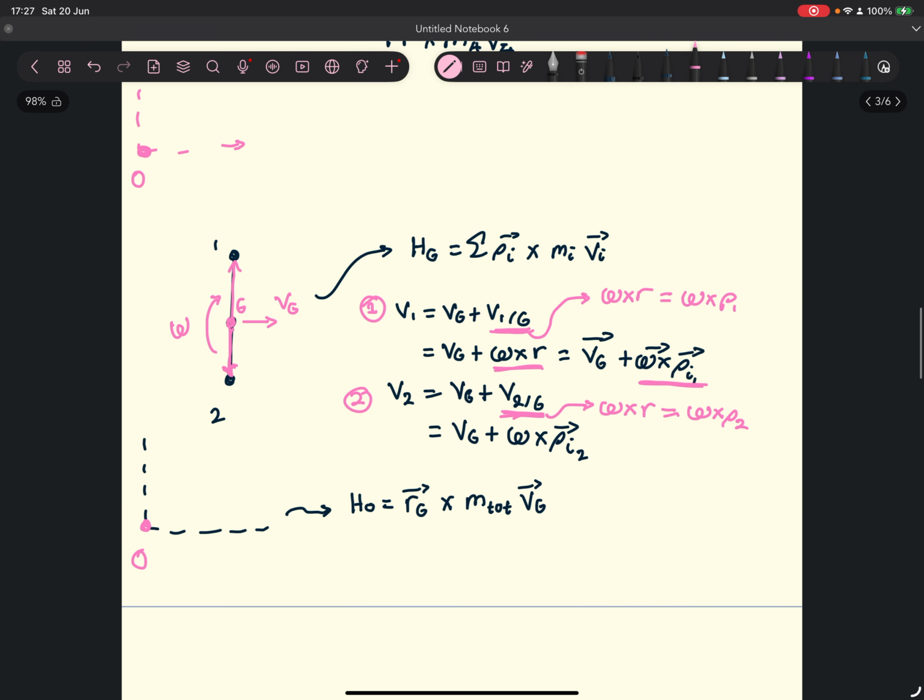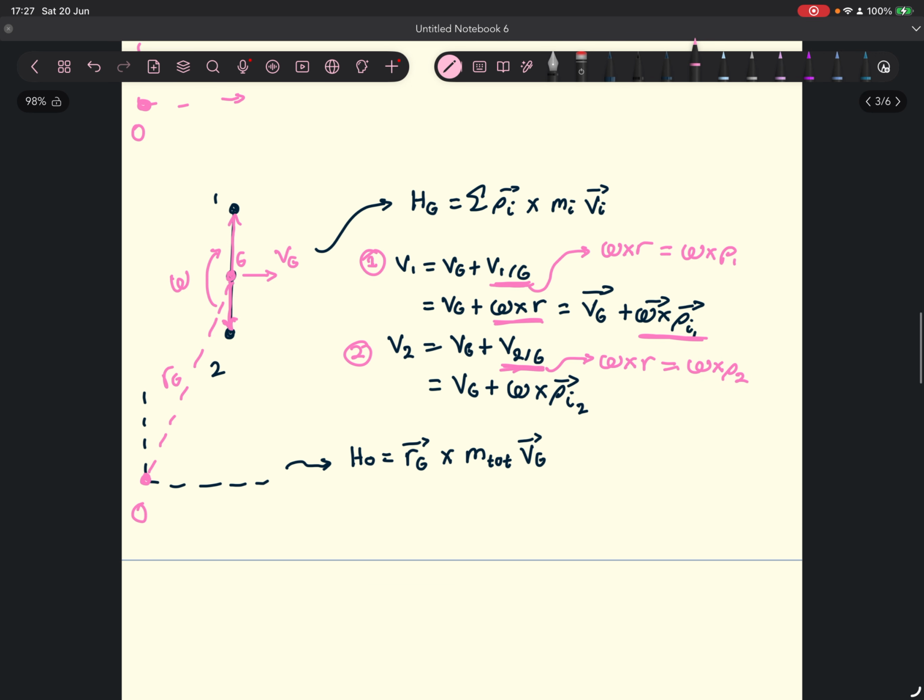So this would be your RG. Okay, which is just the unit vector from the fixed point to the center of mass, and then you cross that with Vg. Sorry, M total times Vg, and then that will give you HO.